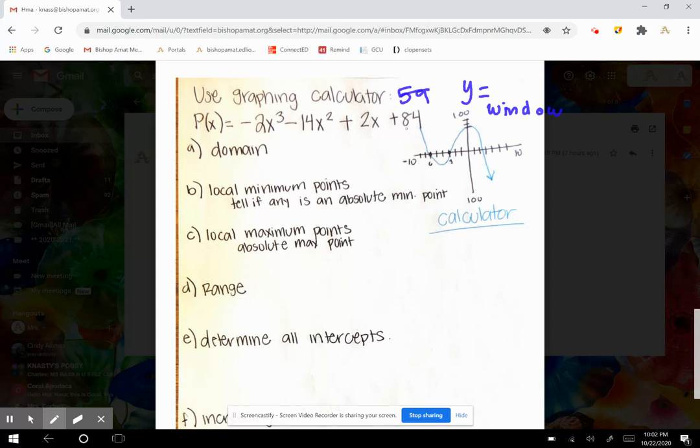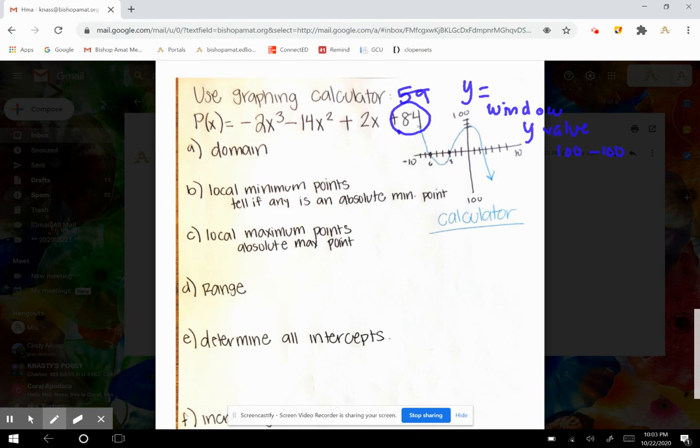Well, I can see that my last term, c, is 84. It's going to come all the way up here to 84. So I changed it to 100 and 100. I made my y values go from negative 100 to 100. So again, how did I figure that out? Because I looked at that very last term.